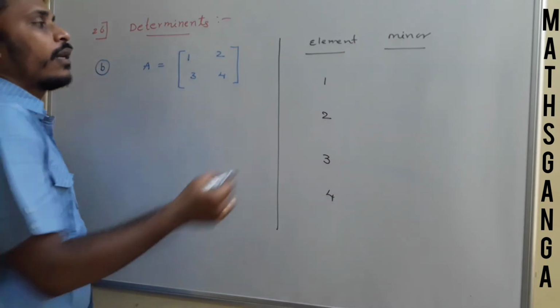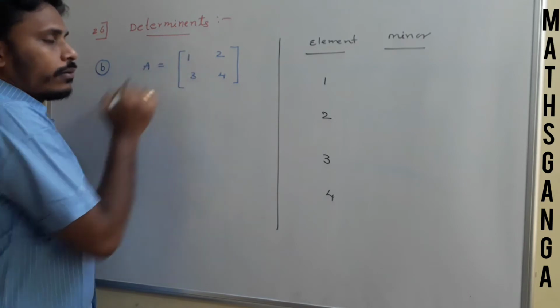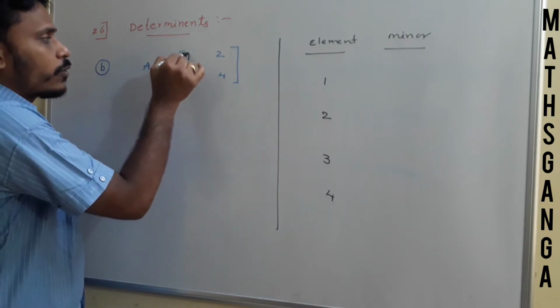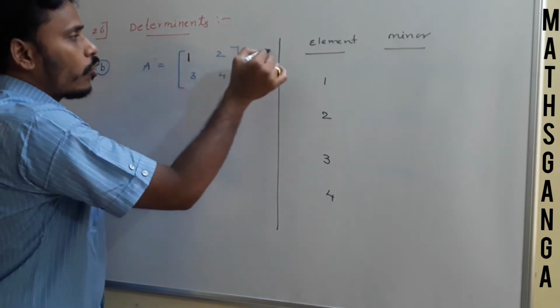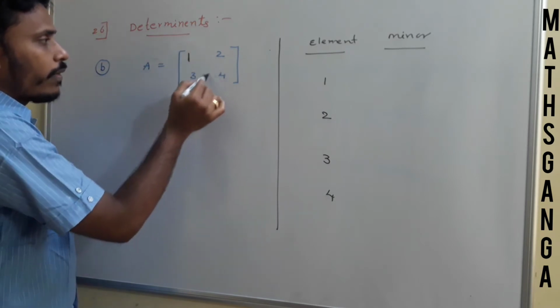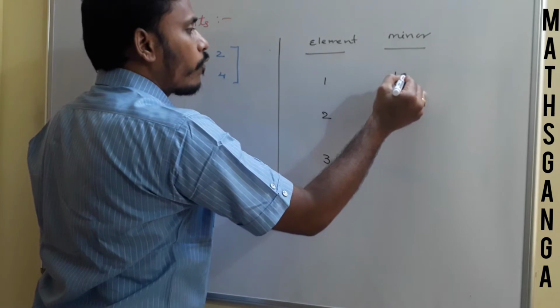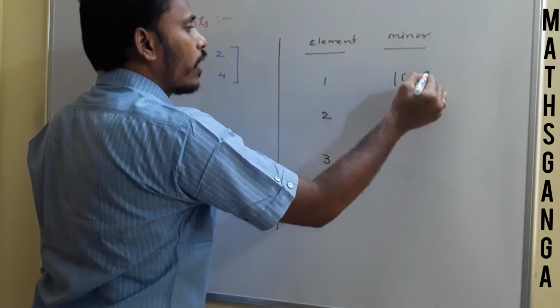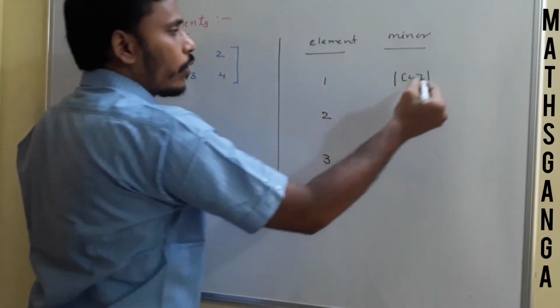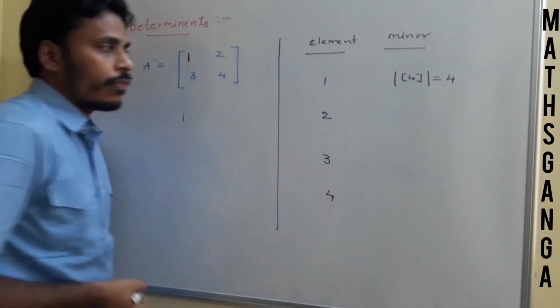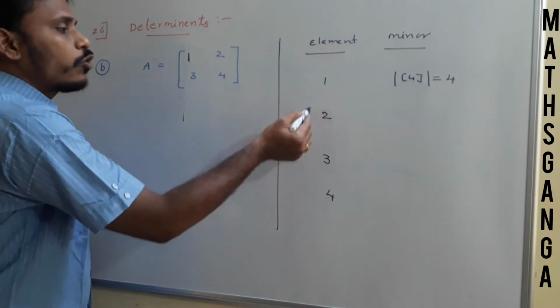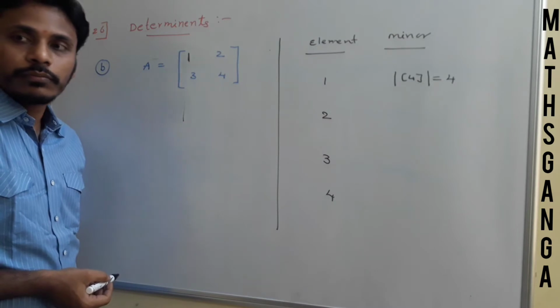The minor of the first element 1: you just leave this row, you just leave this column, then the remaining thing is 4. The determinant of that singleton element 4 is the minor of that one, and usually this is simply 4 itself. Is it right? Then what to say about the minor of 2?